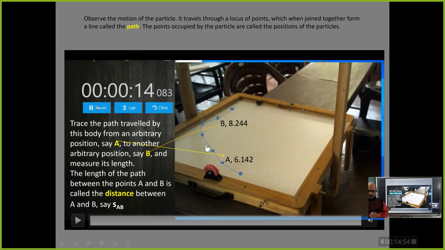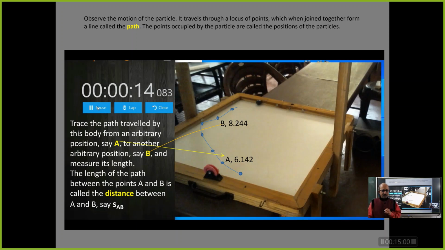I have joined all these points and I have found a line. Can you see that? Yes. So now observe the motion of a particle. It travels through a locus of points, which when joined together forms a line, and that line is called the path.